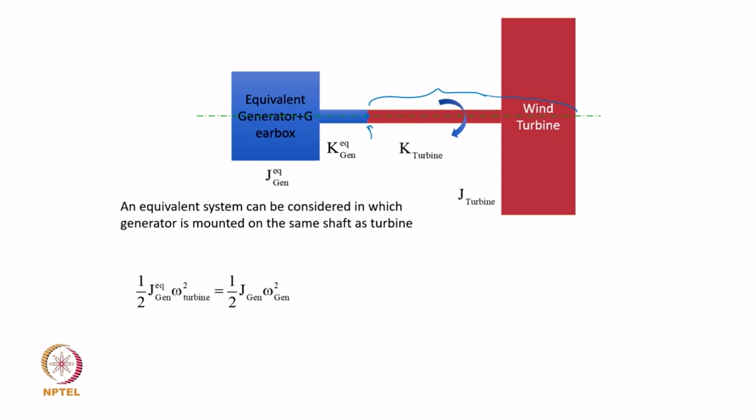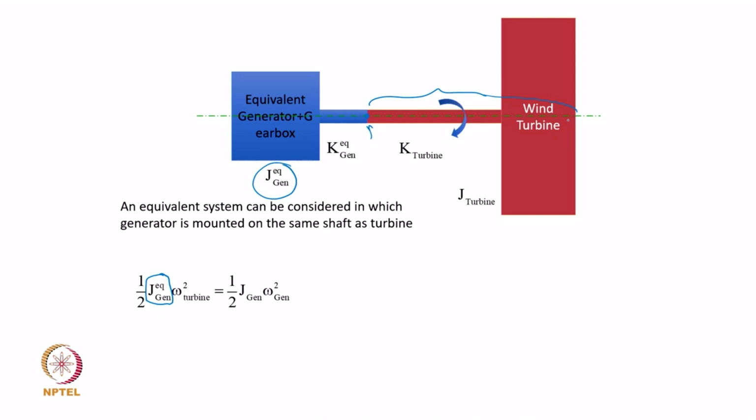For example, the inertia has to be modified, and therefore, what we are saying is half of the equivalent generator inertia times the square of the turbine speed, because now they are all connected directly to the wind turbine.